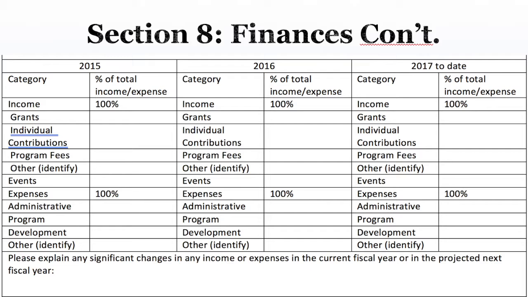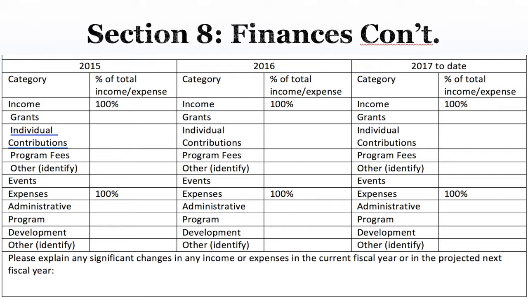And in addition to that, we would like your past 2 fiscal years financials, including an income statement and a balance sheet if you have that. We realize that many of you operate on a cash basis and not accrual, and therefore you might not have a balance sheet. If you don't, that's fine, just indicate that.